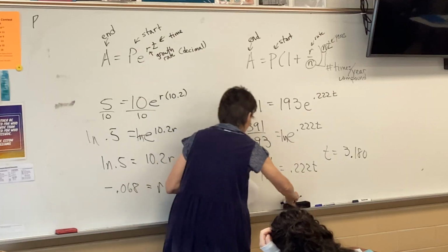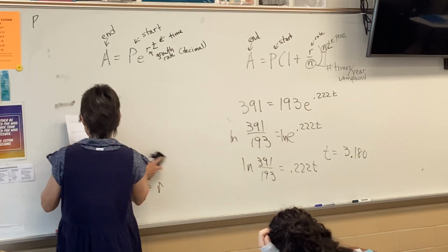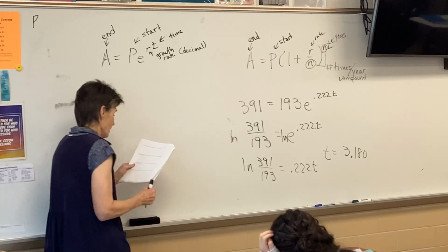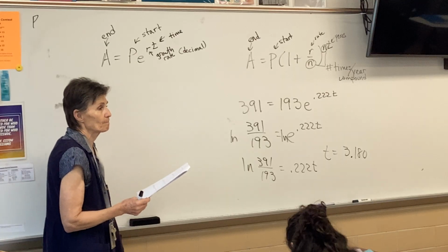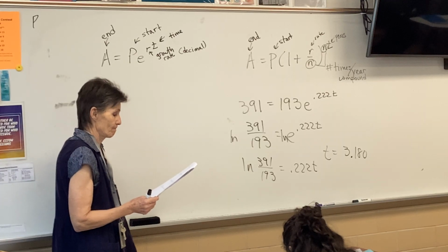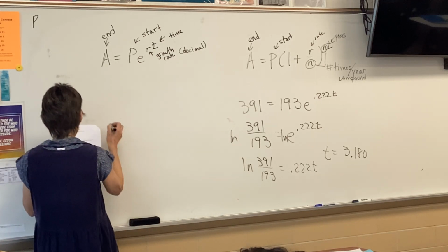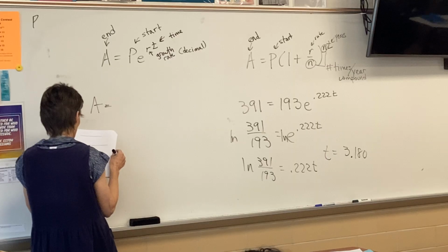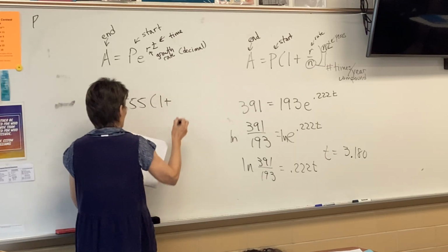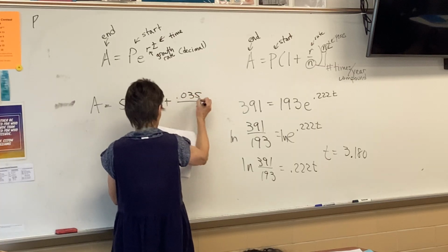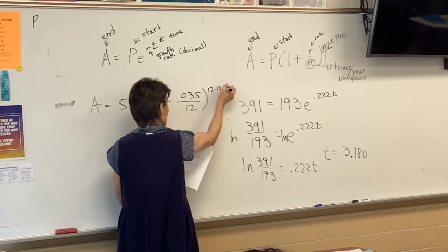All right, let's see if we can get the last two on this page, and I'll do the harder ones tomorrow. Number 7. Which formula for number 7? The big one, compounded monthly. So how much will I have in my account if I start with 555 at 0.035 compounded monthly for 12 years?